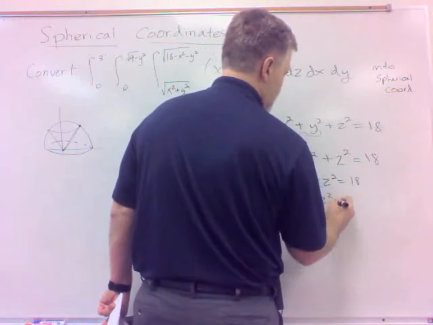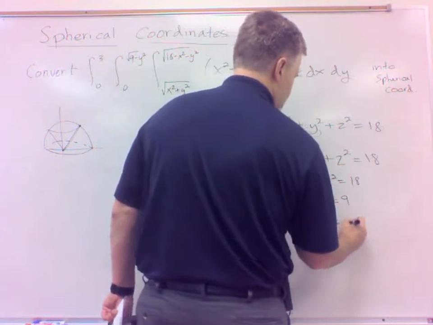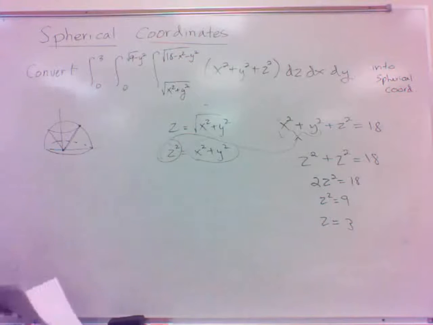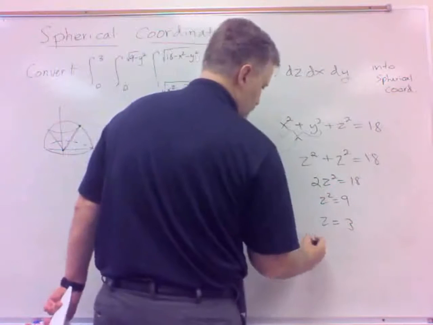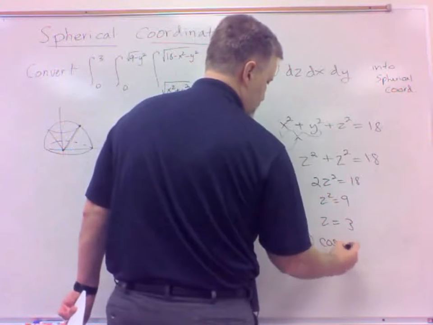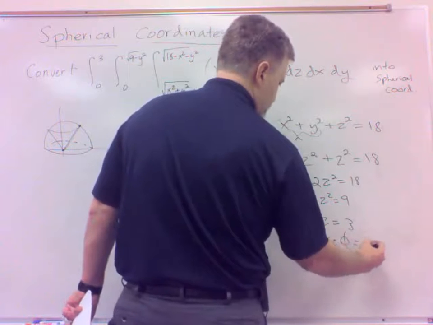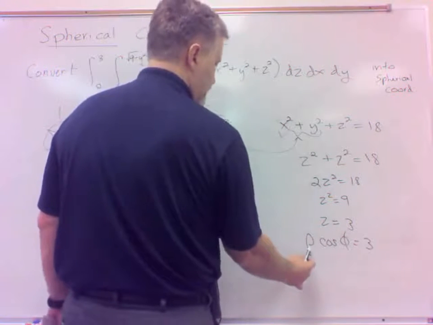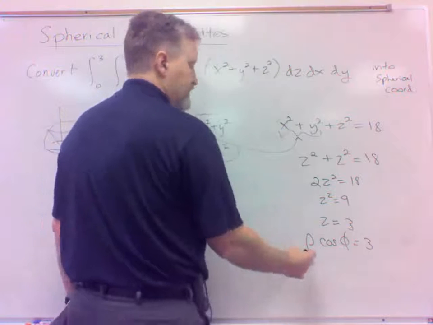So z squared equals 9. So z equals 3. Well, what that helps me with is the fact that z is rho times the cosine of phi. And I know that rho is square root of 18.